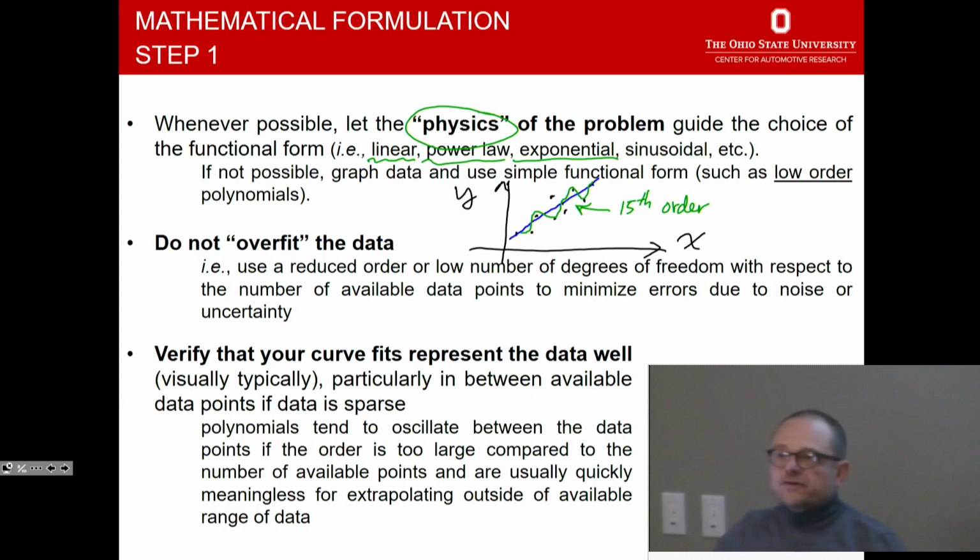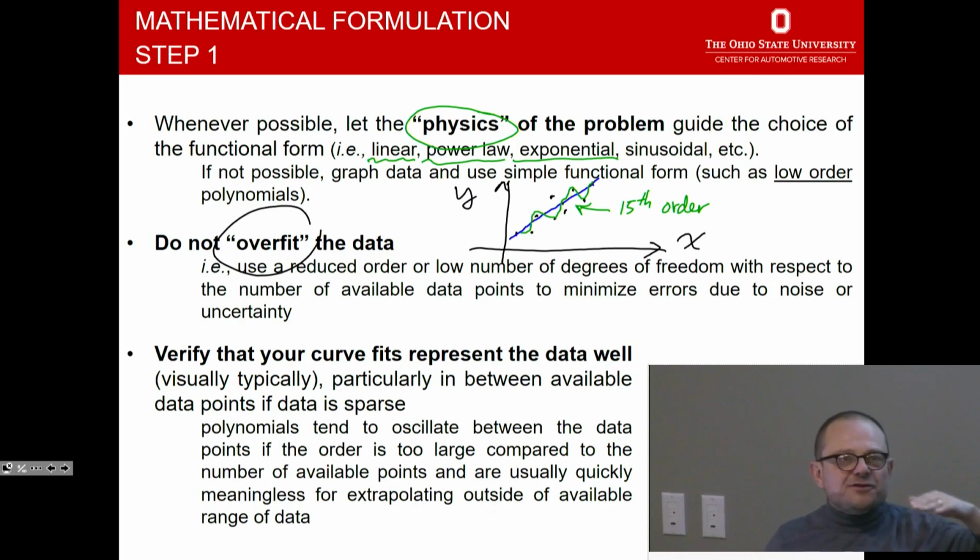Now, to force something to be a straight line where it isn't a straight line because there is some curvature is not a good idea. So you really do have to think a little bit about the shape of things. But overfitting is a very common problem that should be avoided. One sometimes is tempted to say, oh, I'll increase the order of my model because I'll get a better fit.